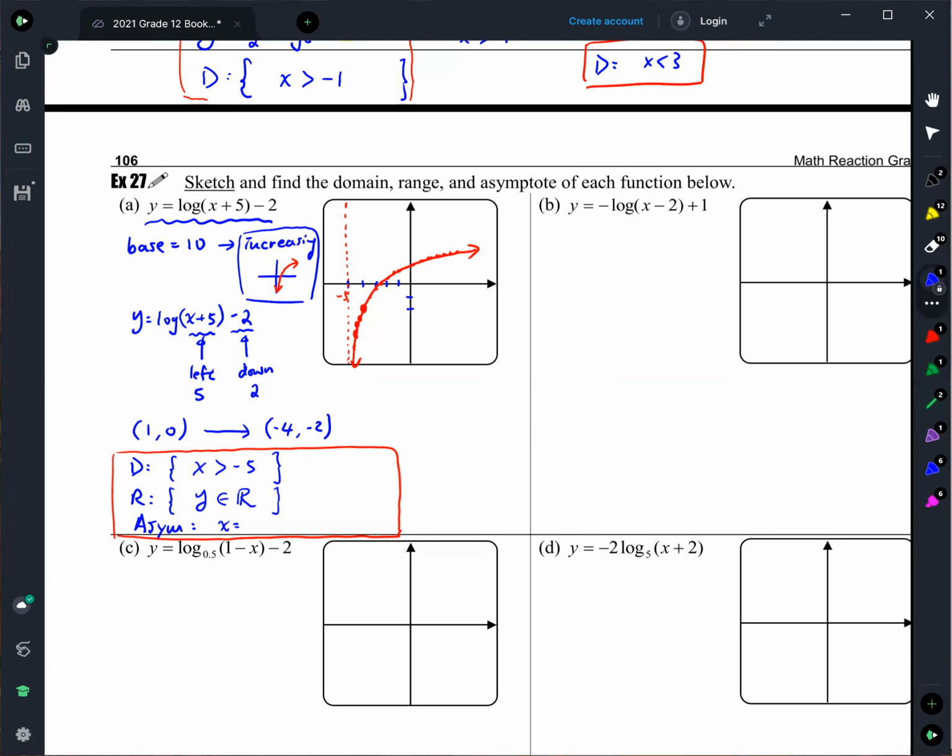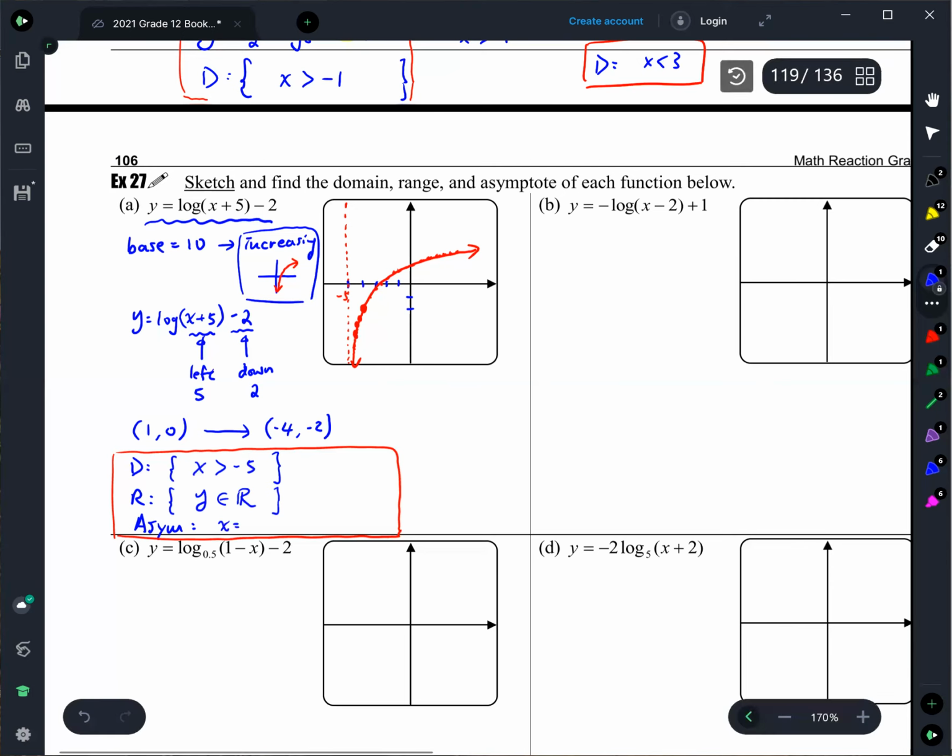Okay, equation of asymptote, Willem. What's the equation of asymptote? Willem? Willem, are you there?